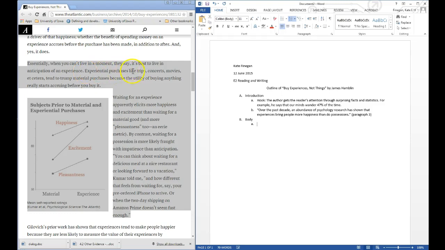So experiential purchases like trips, concerts, movies, etc. tend to trump material purchases because the utility of buying anything really starts accruing before you buy it. Okay, so I'm going to say that section 1 is about anticipation.